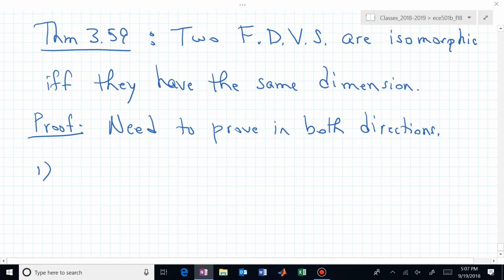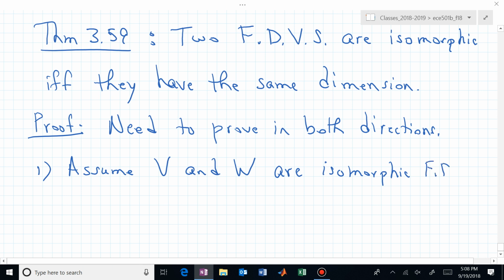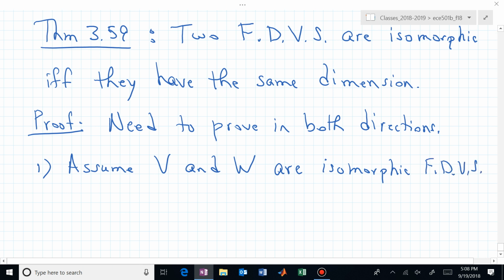So first, let's assume two vector spaces, V and W, and let's assume that they are isomorphic. So here, assume A. So assume V and W are isomorphic finite dimensional vector spaces.